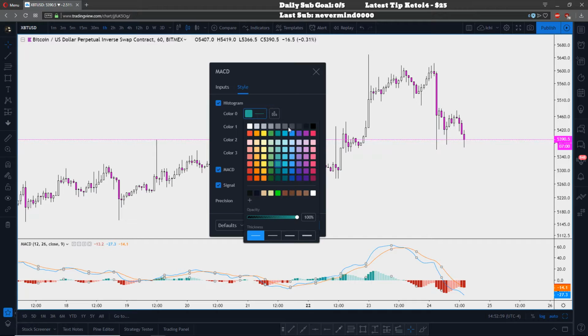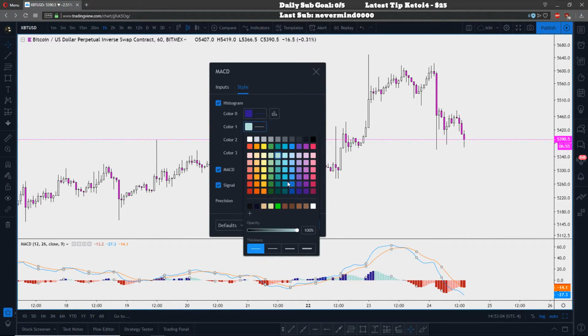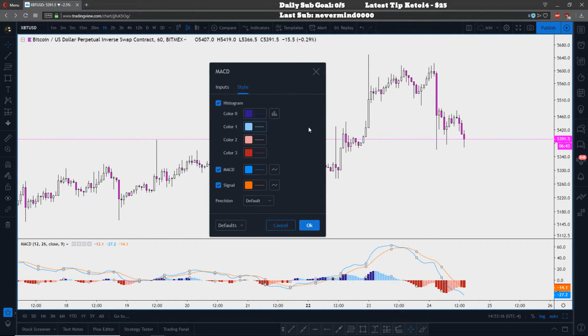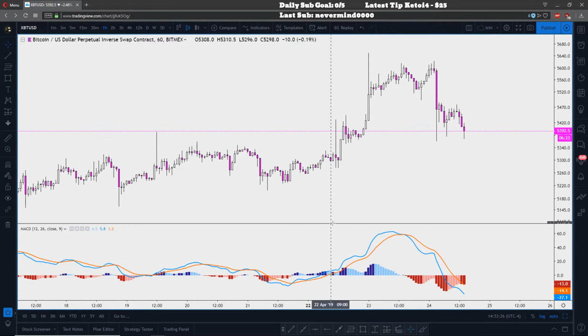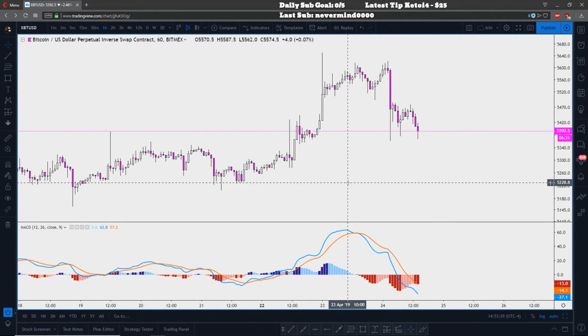And then let's make this blue, and a little darker. Okay, that should be good. And let's make these lines a little bit thicker. Okay, this should be easier to go over.